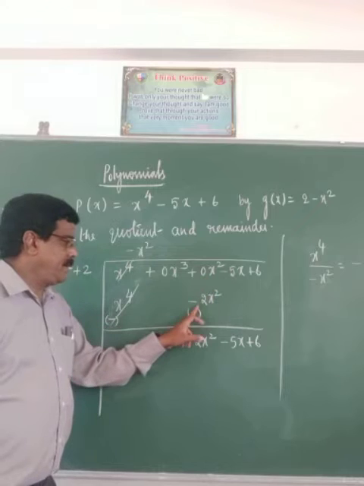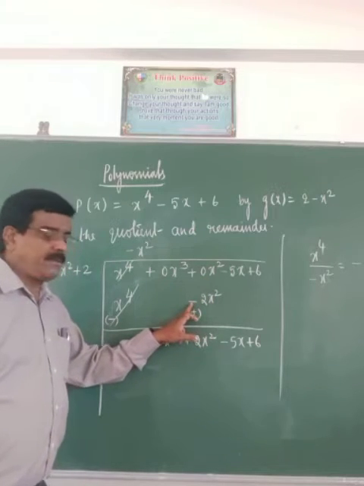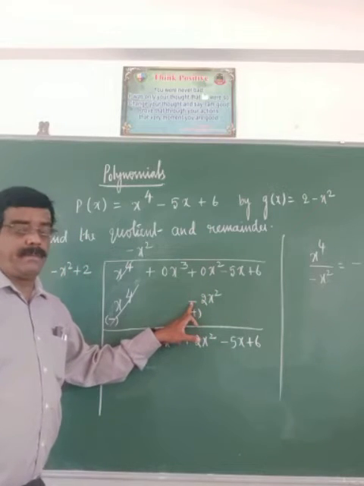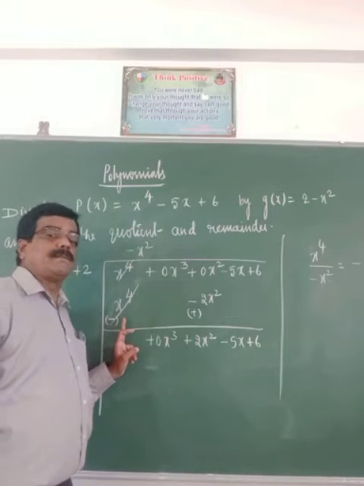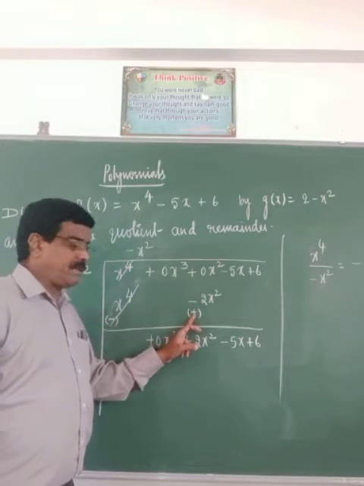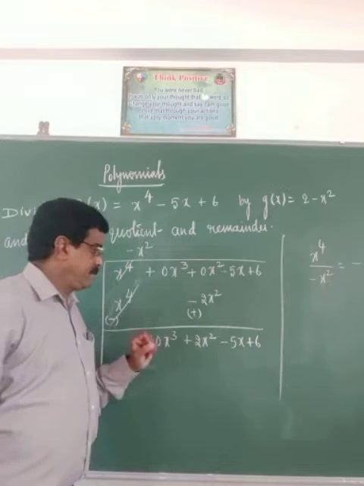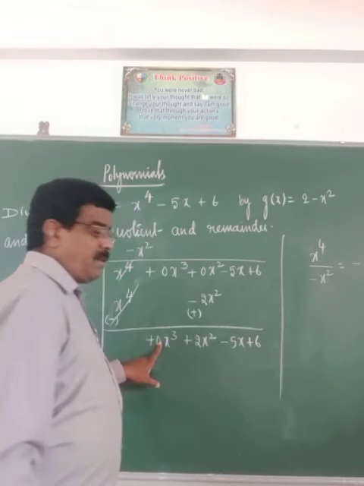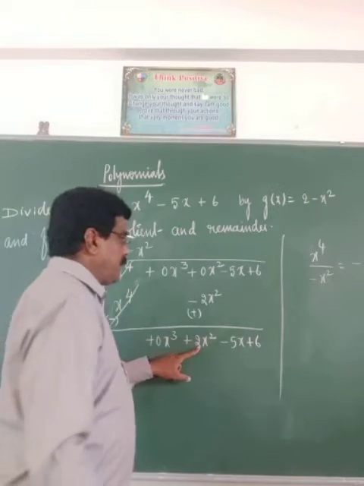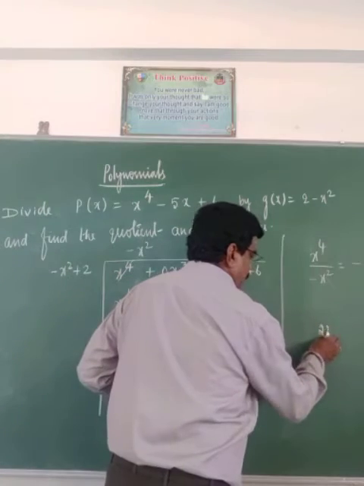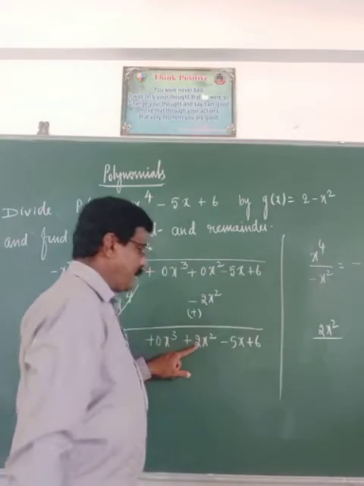Be careful, children, here. In the expression we are getting minus, but to cancel the first expression we changed the sign, or say subtract. By changing, this minus becomes plus, so you have to consider that. Now 0x cube means you can leave it because 0x cube is 0 only. If you come to 2x square here, come to the working column, 2x square.